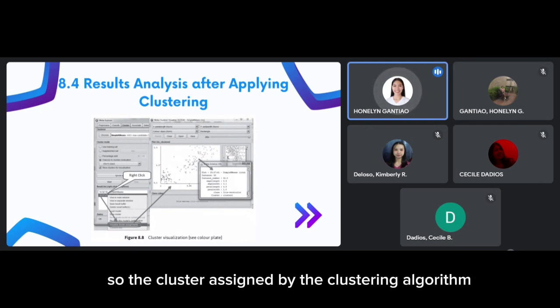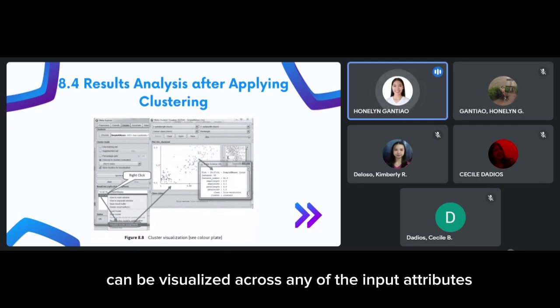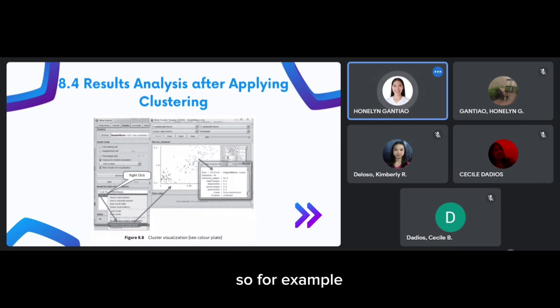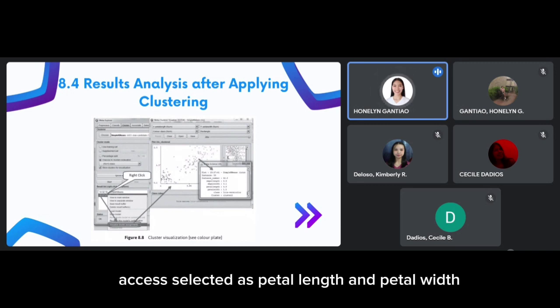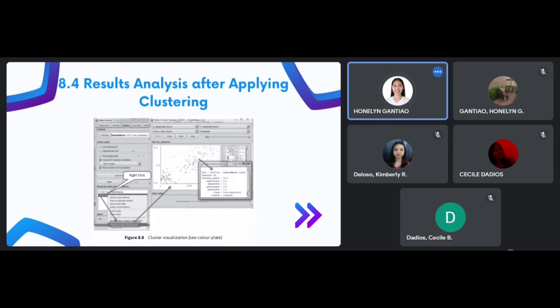So the cluster assigned by the clustering algorithm can be visualized across any of the input attributes. For example, figure 8.8 shows the visualization of clusters along with the plot axis selected as petal length and petal width; jitter may be increased to see all the samples.